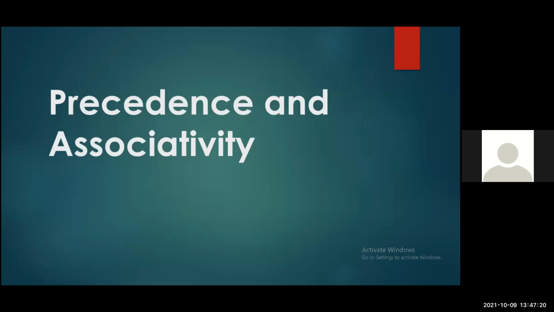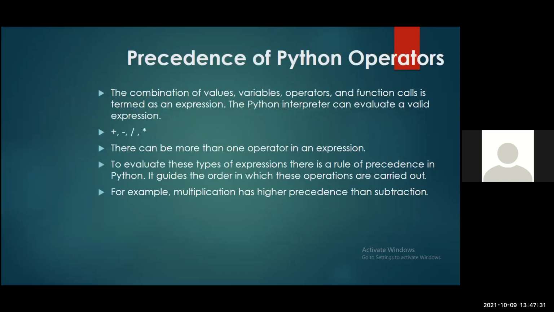So precedence and associativity. What's precedence and associativity in Python programming? Generally in programming, what we deal with here is the operations, the operators. You've heard of operators in Python.